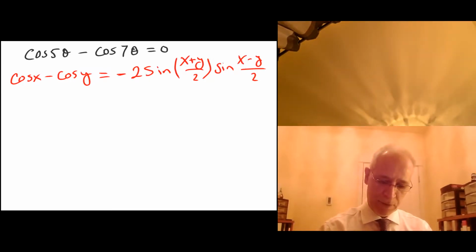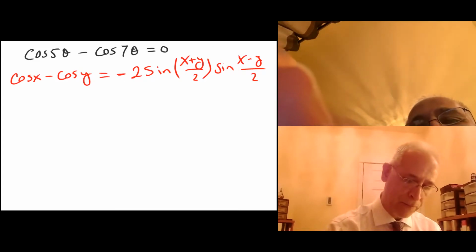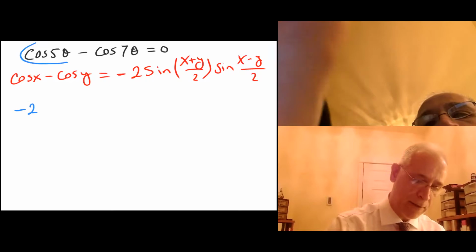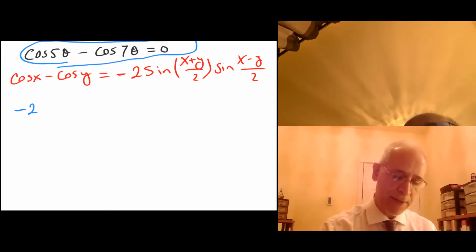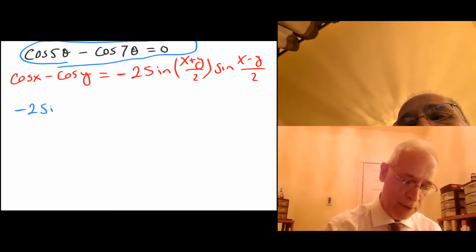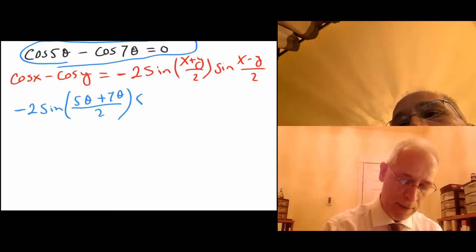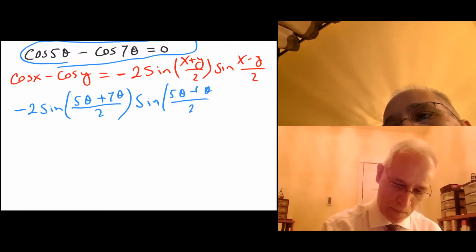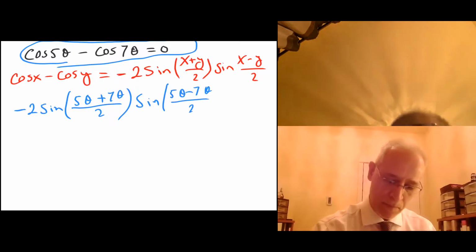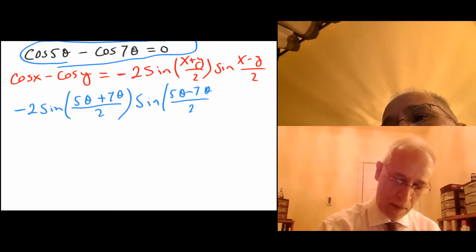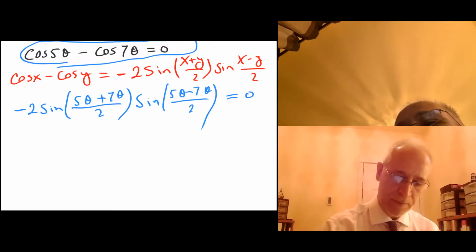Using this formula, for the left-hand side I can replace it by minus 2 sine of (5 theta plus 7 theta) over 2 times sine of (5 theta minus 7 theta) over 2, and all that equals 0.